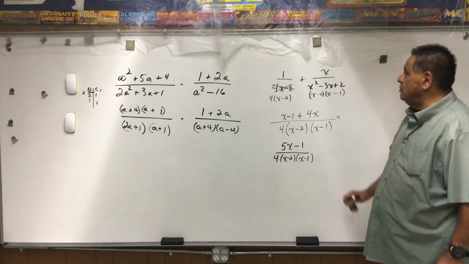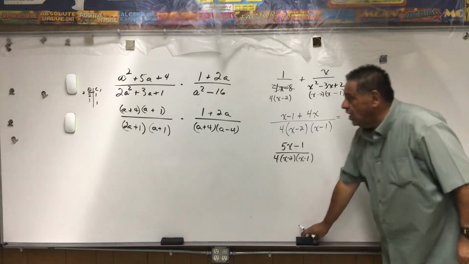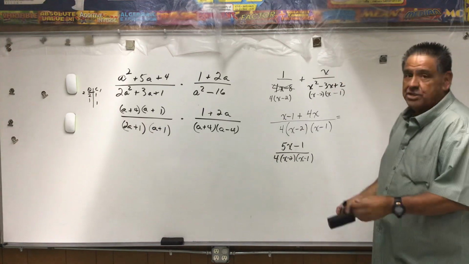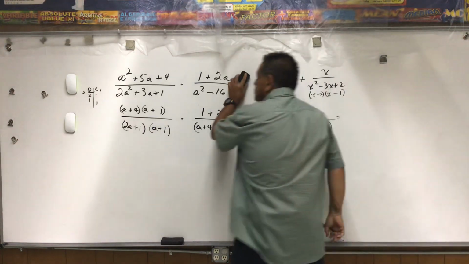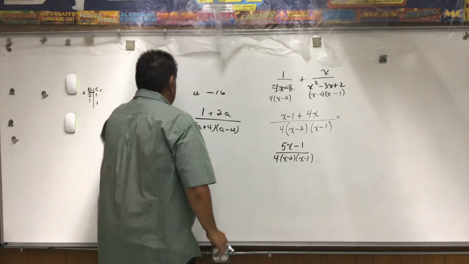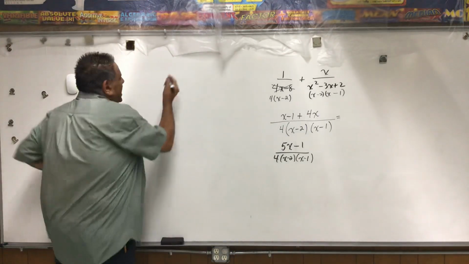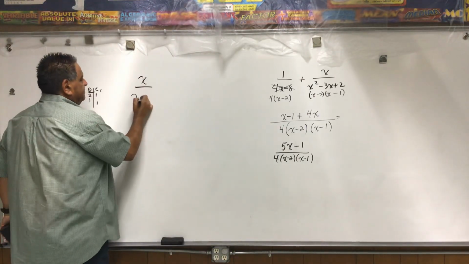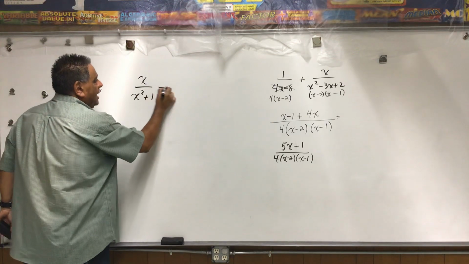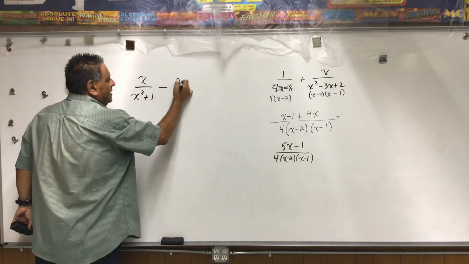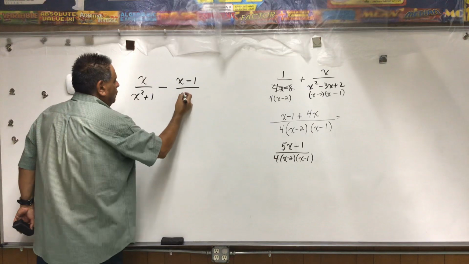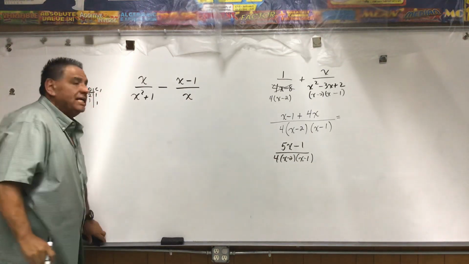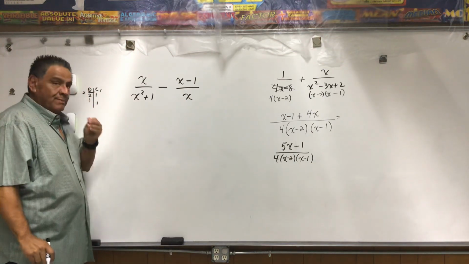You do have a subtraction one. I want to caution you, and I gave you this example. The subtraction is the same way, but with a subtraction problem, and I'm just going to put one up here so you can see. If I put x over x squared plus 1 minus x minus 1 over x, something like that. Remember, caution.